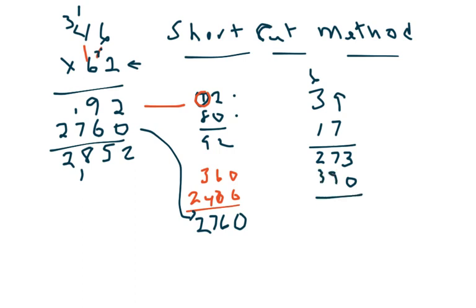So there's another example of the shortcut method. This is for multiplying these two and getting them. This is multiplying those two, getting them, and just add them up. So there's an example of the shortcut method.